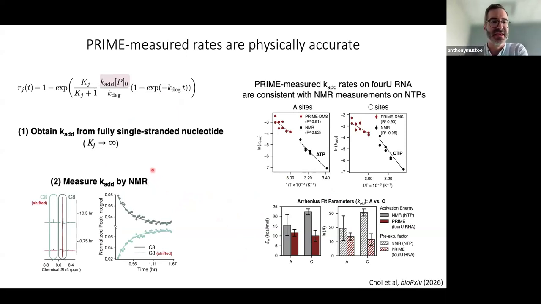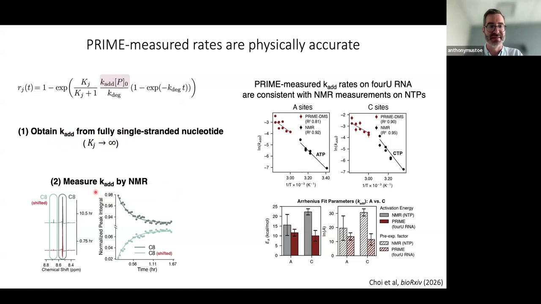So Edric did a huge amount of work to try to validate that the rates that we're measuring from these time course DMS probing experiments are physically accurate. And so just one of the experiments that he did is that he obtained a measurement of this K-add, or what's the rate of DMS modification of an unstructured nucleotide, using our prime experiments.